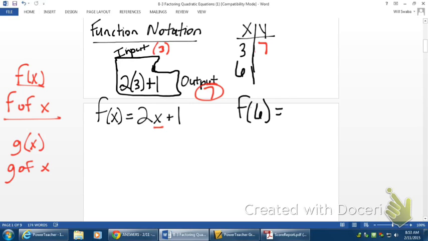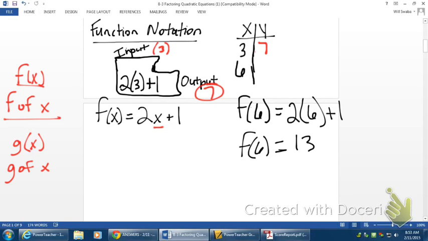That means you're just going to leave that be. That just tells you what you're looking for. You're looking for the y coordinate that's associated with 6. Insert 6 in for x into our equation. So 2 times 6 is going to give me what? Plus 1 is going to give me what? And we are done. Okay? So what's my y coordinate? Well, we just figured it out. It's 13.